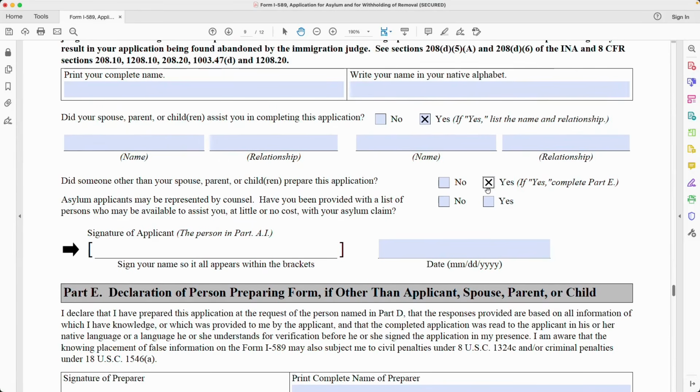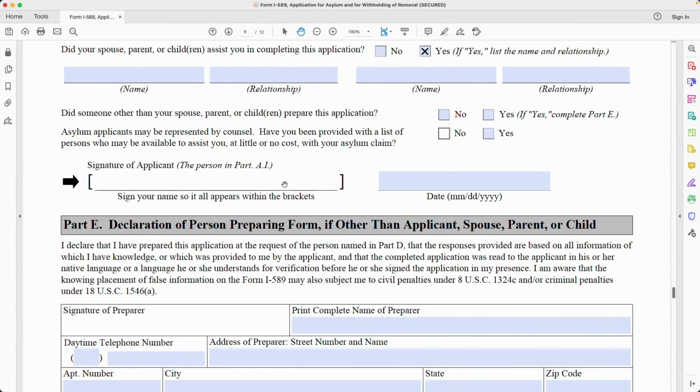Here, the form also asks you if you have been provided with a list of organizations that may be able to represent you in your asylum case. People who are released from immigration detention often get this list. Check Yes if you received a list of organizations, and No if you did not.